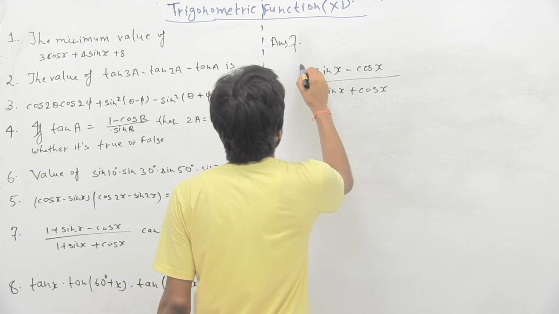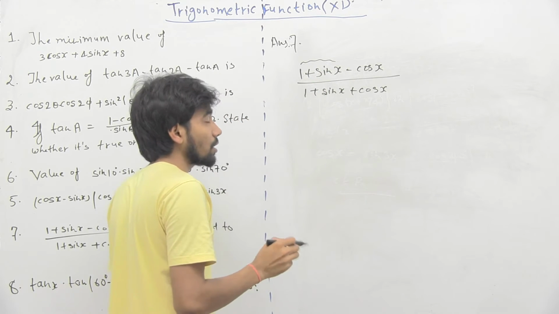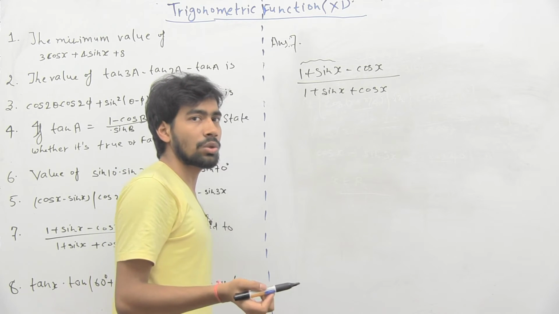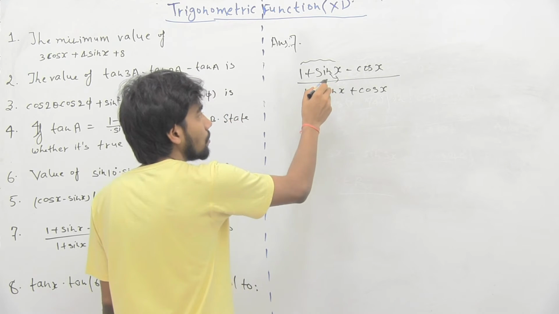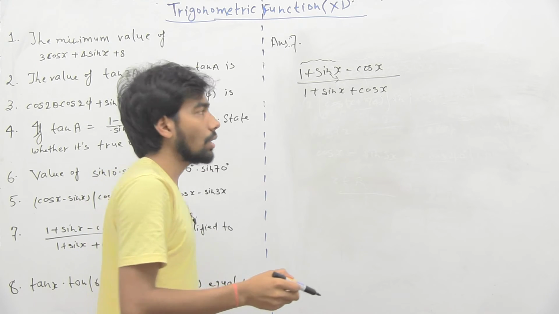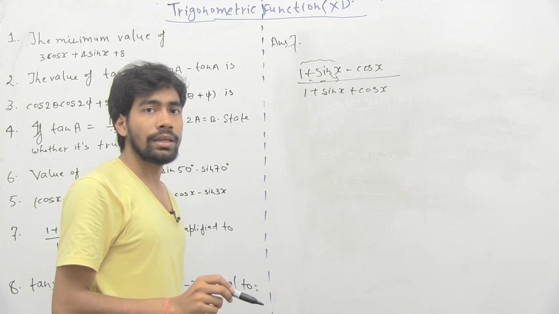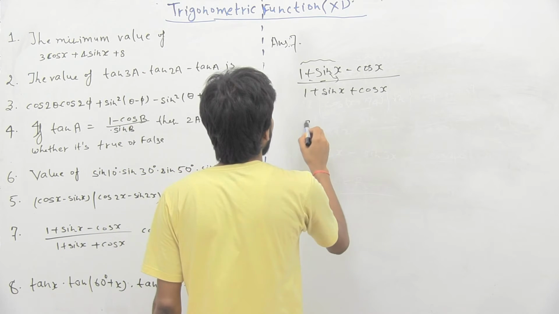So first what we will do, can we write one as sin square x by 2 plus cos square x by 2, because we know that sin square theta plus cos square theta equal to 1. Okay, and it can be further broken into 2 sin x into cos x. Okay, so it will become 1 plus sin x by 2 plus cos x by 2 whole square. Okay.